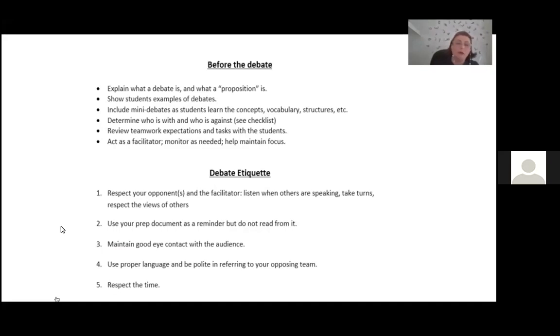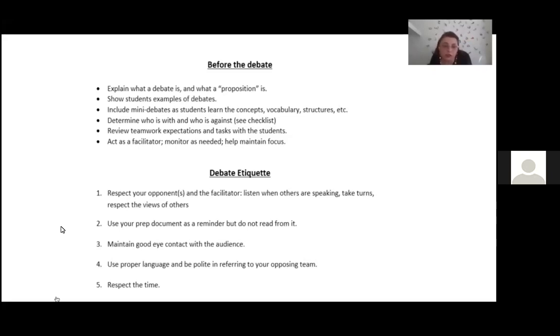But we have to keep in mind and remind the students of debate etiquette, because it is very important for them to know that they should respect their opponent and the facilitator, listen when others are speaking, take turns, and respect the views of others. Also, they need to know that they will have a document prepared in front of them, but we remind them that it is not to be read.